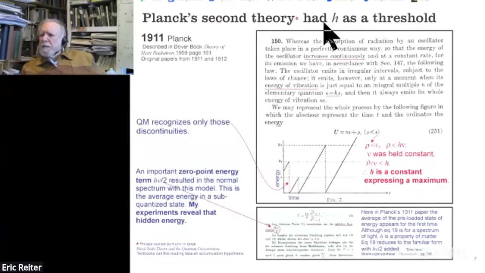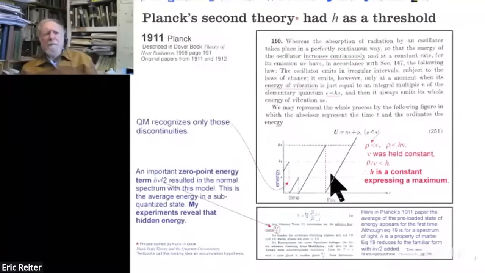And the other part that's important is that H is a threshold. So I embrace H as a threshold and use it theoretically for the other constants. So this was a very important step. And so my work is really an expansion, both theoretically and experimentally, of Planck's second theory. Yes, I agree, and that's why I've been putting so much effort.